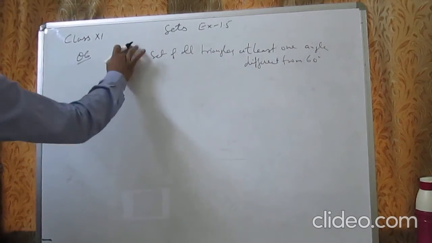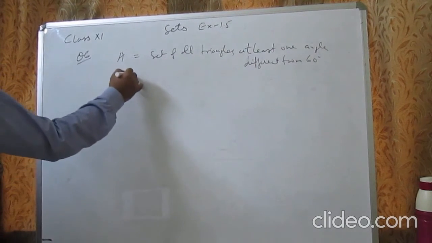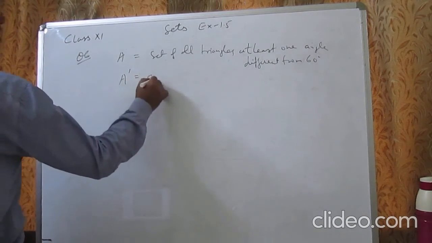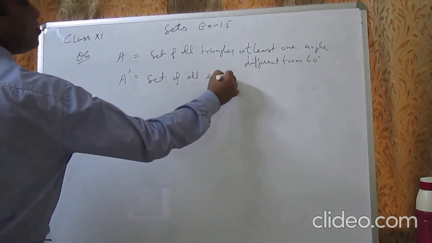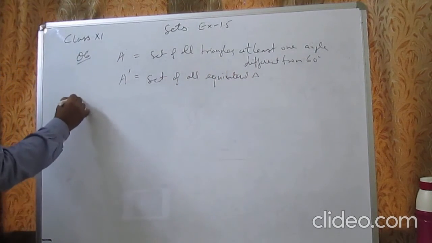What is A? It is the set of all triangles with at least one angle different. So what is the A complement? A complement is the set of all equilateral triangles.